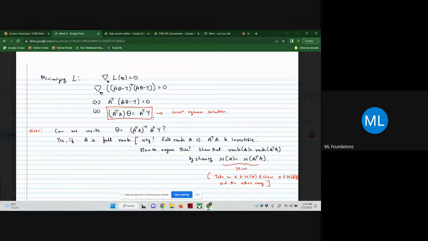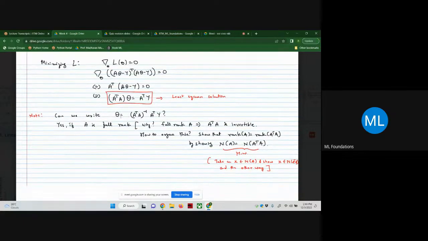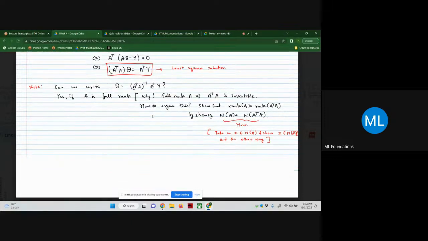So basically we got the same solution: A transpose A theta equals A transpose y. By taking the inverse, theta equals A transpose A inverse A transpose y. This is the weight vector, the solution for this linear regression.